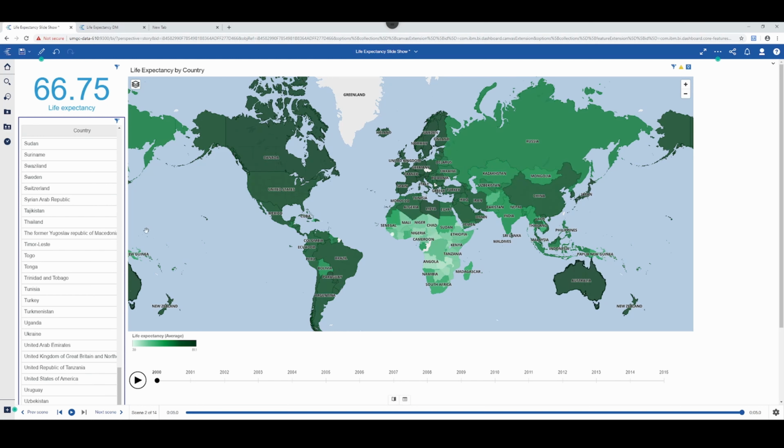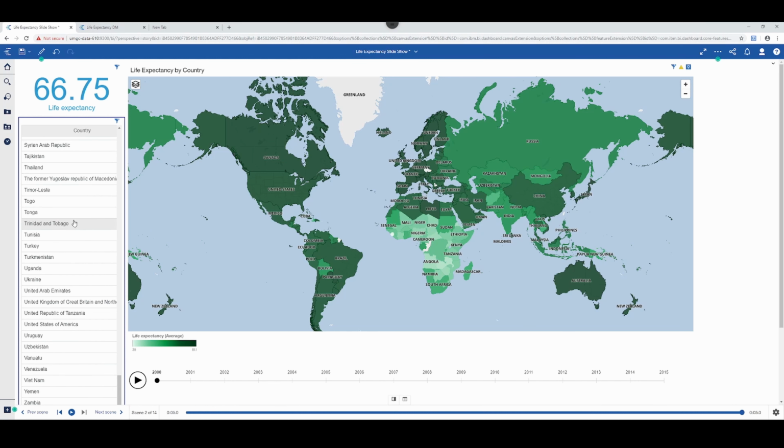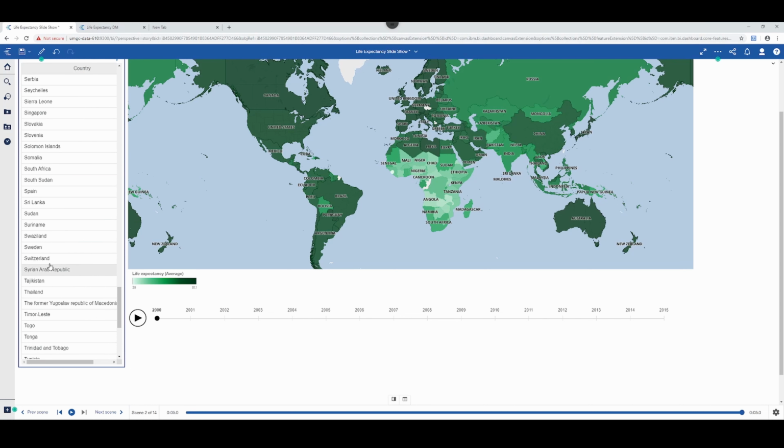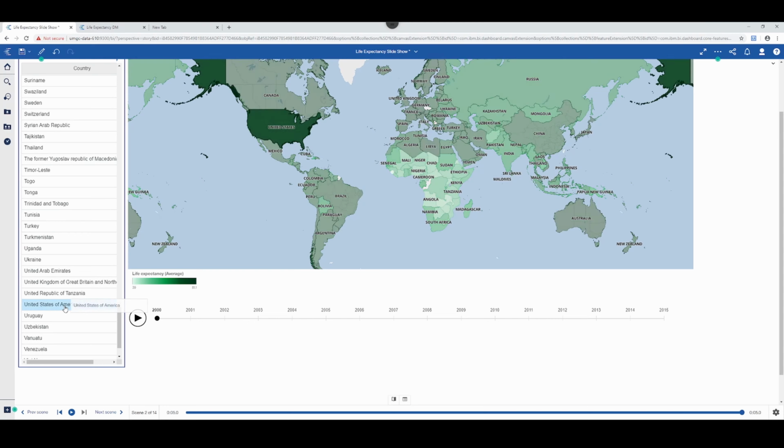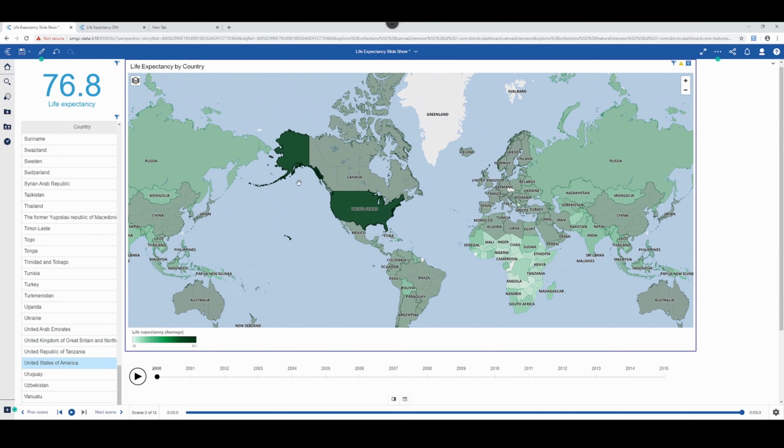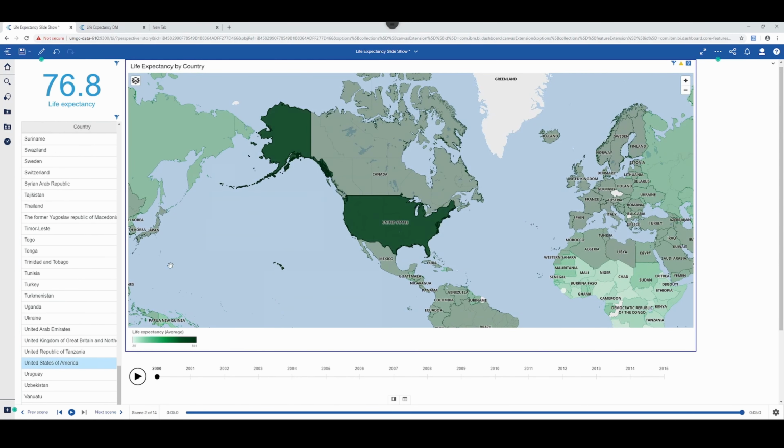So let's pause that, and then on the left side here we can choose any particular country. For example, we can choose the United States, and then we can zoom in. And once we choose a country, the summary up here will change.